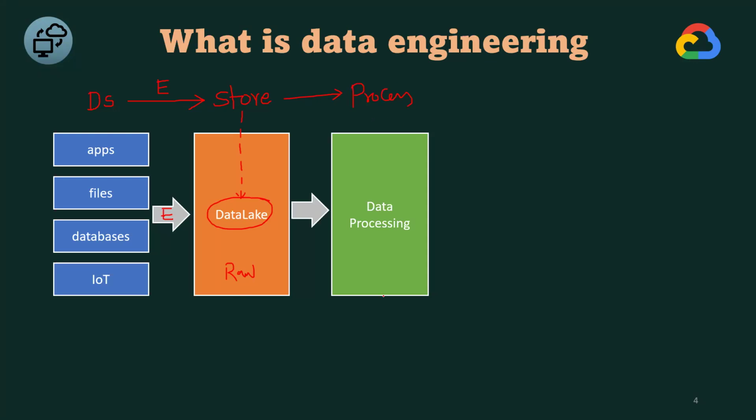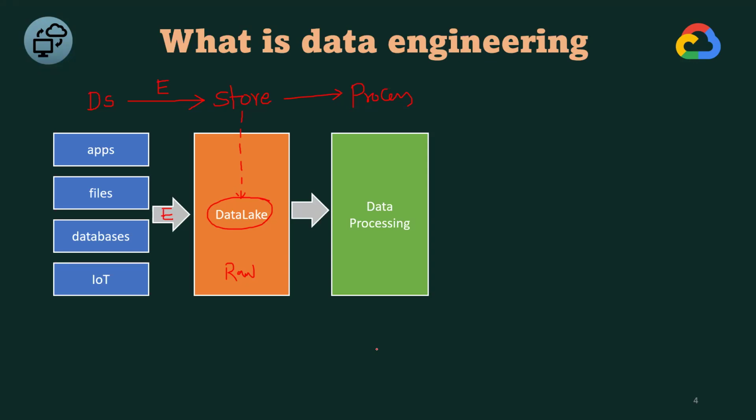When I say processing, we are removing the null values, removing the unnecessary data, and removing the duplicates, so that we are adding some kind of value to the data. That's the reason people also call data processing data preparation, or a value addition process.